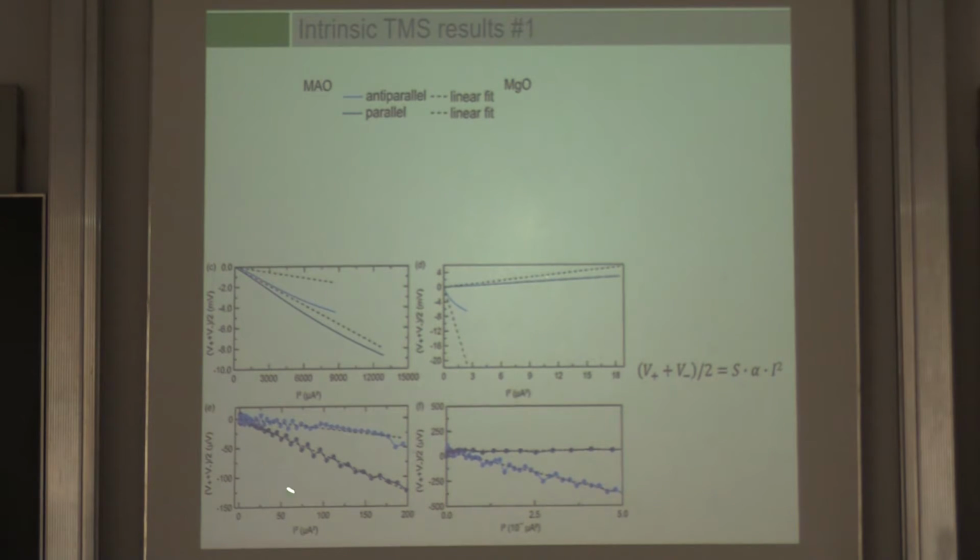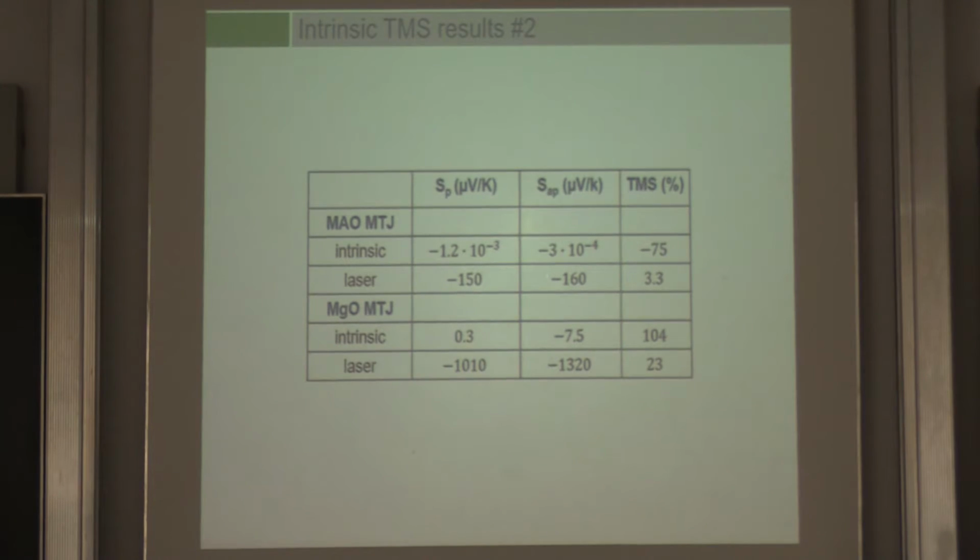And then we extend the linear fit to the whole range. And as you can see, this doesn't really describe the curves that well. But nevertheless, you can extract the slope of these linear fits and calculate the thermal asymmetry parameter and then extract the Seebeck coefficients. And if you do that, you end up with something like this.